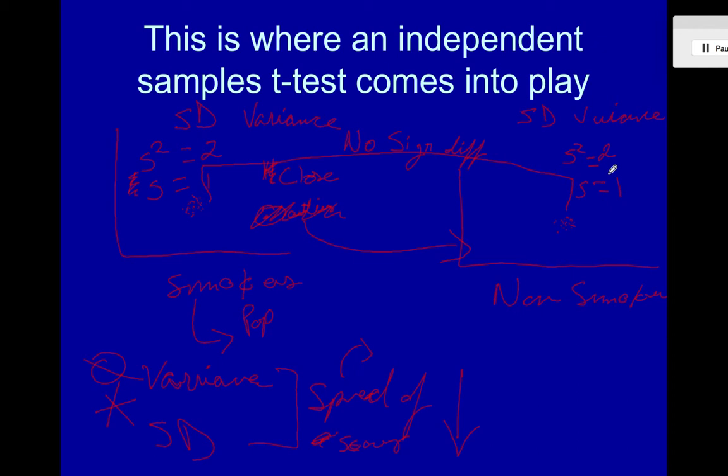So if for one group we have a variance of a 6, and for our other group we had a variance equal to a 2, that's a lot of difference between those two numbers. Potentially, this group here has a lot more variability than this group here. So potentially, the results may not be accurate in terms of the representation for the group that has a lot of spread. Okay, that's ultimately what it means for us.